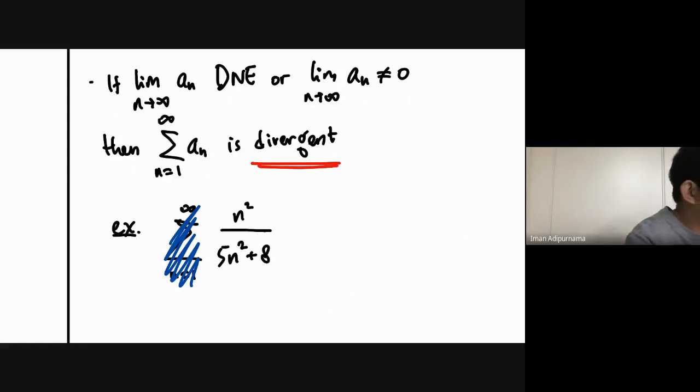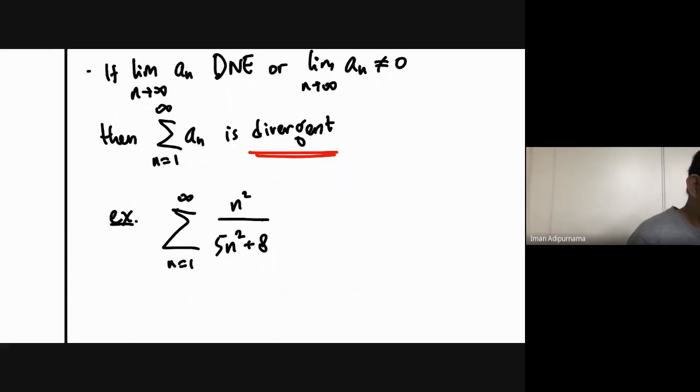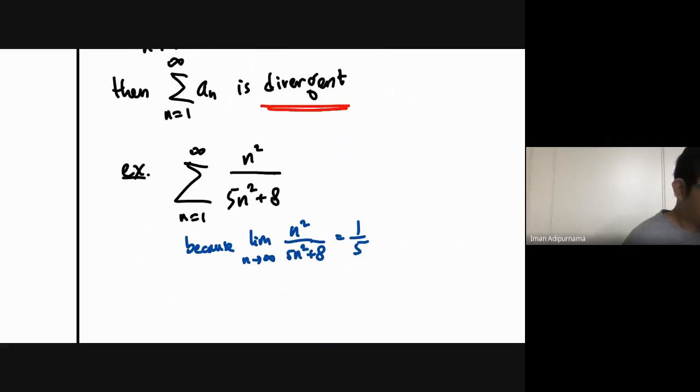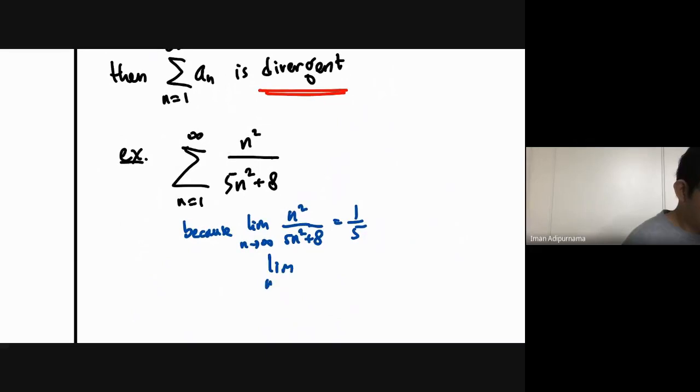But in series, because, let me write here, because the limit as n approaches infinity of this is equal to 1 over 5, which means the limit is not equal to 0.